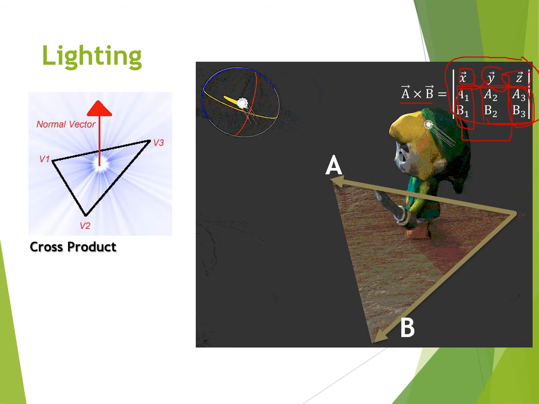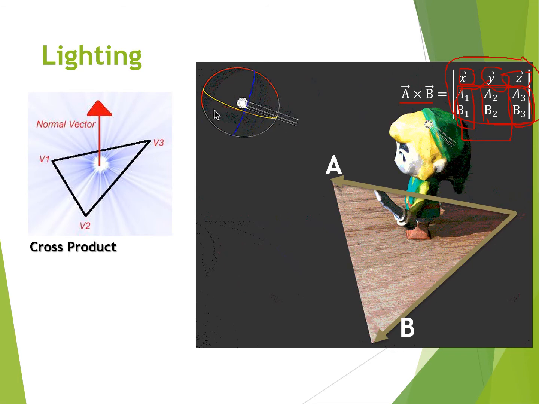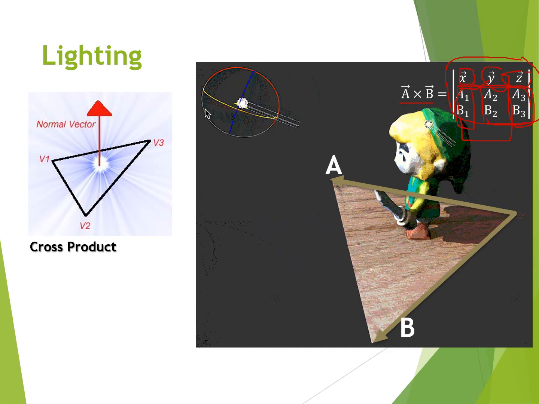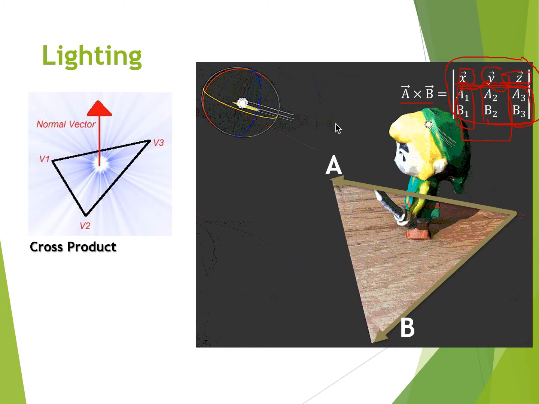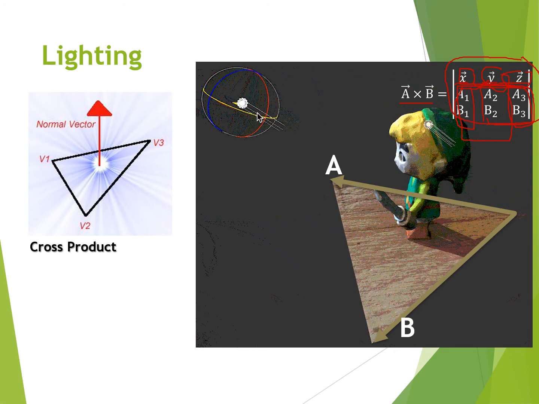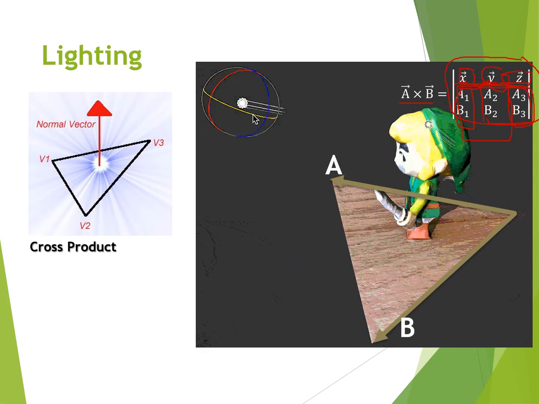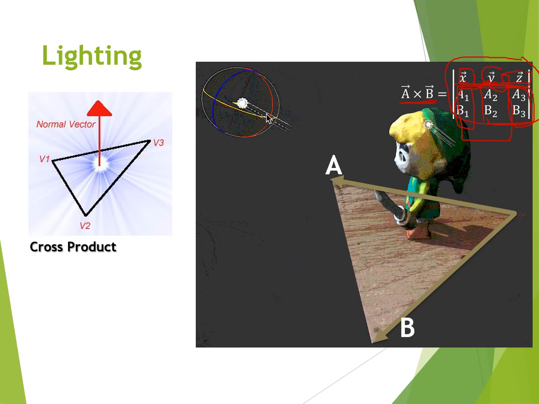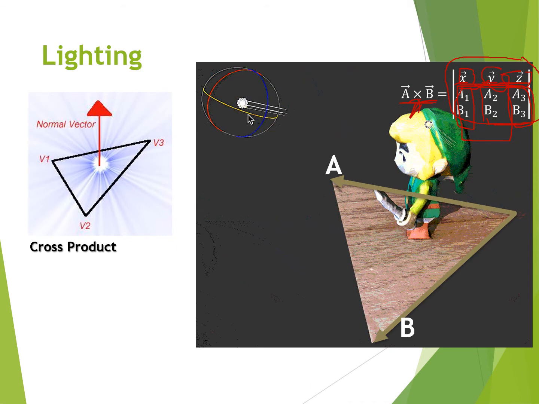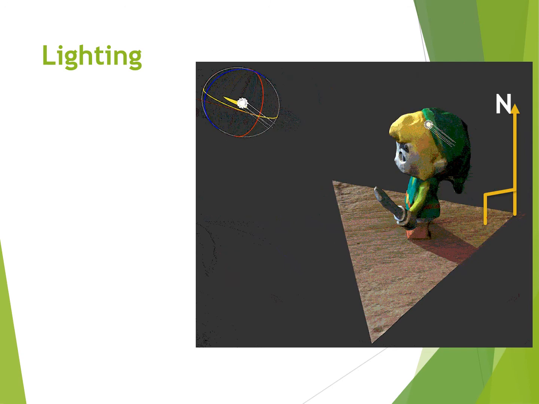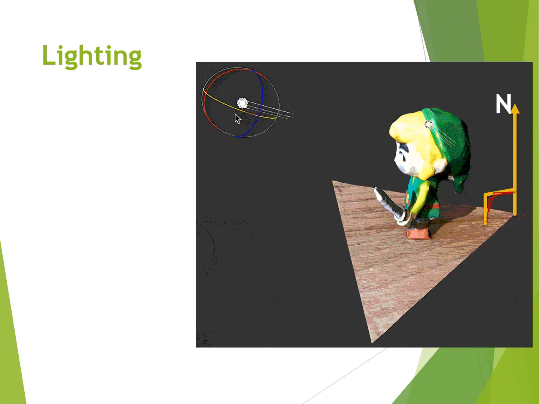So you have calculations like a2 times b3 plus a3 times b2, etc. Finally you can calculate the x, y, z positions. For the details, you can go back to computer graphics or your secondary school mathematics. But in our game development, most likely we only use the cross product and pass all the things to our computer to handle this kind of matrix calculation. So finally, we have the normal, which is perpendicular to your face.